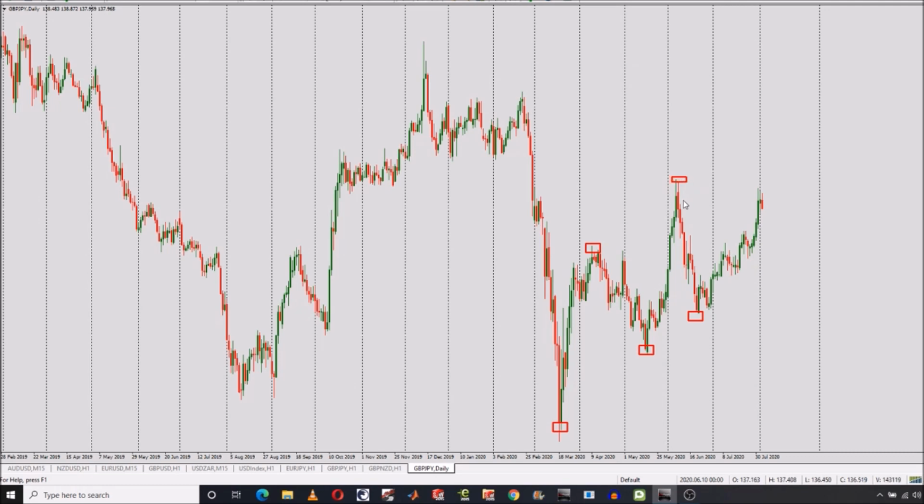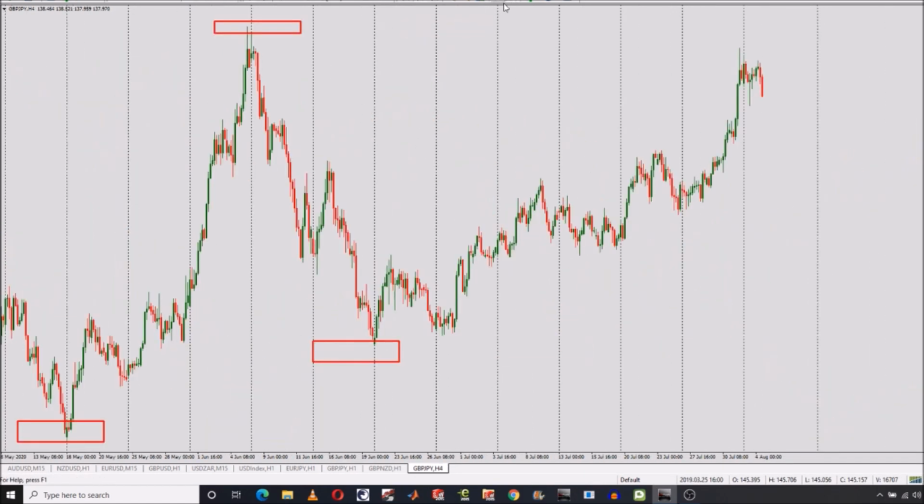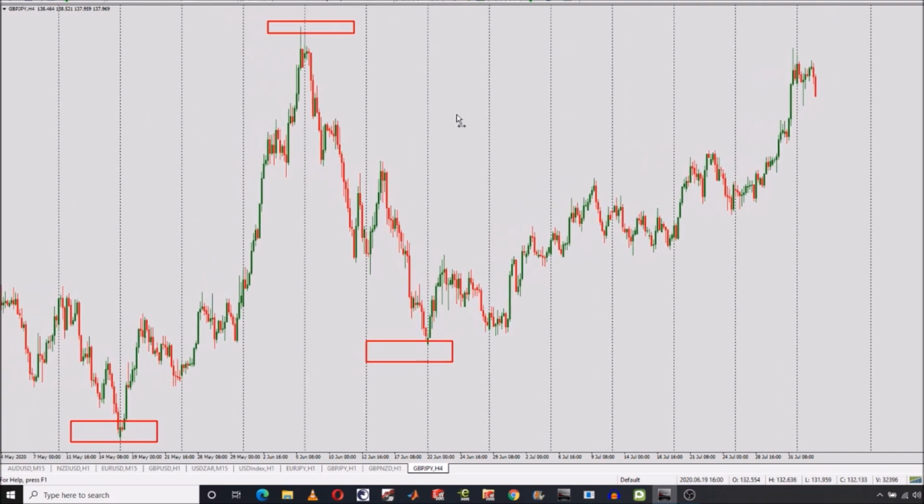The first step is to identify the turning points or the previous peaks using a higher time frame of your choice. You may love to use the H4, and this is how it looks on H4.